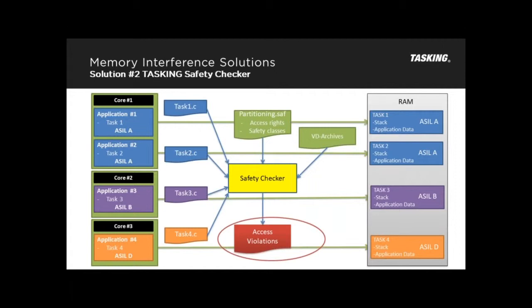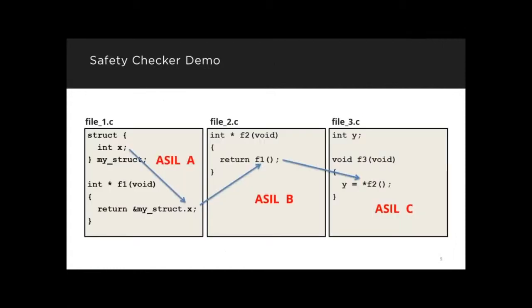The safety checker takes all this as input and then generates access violations. These access violations are unauthorized accesses from different applications to the memory, based on what you already defined in your configuration file. So this is how the safety checker works in a simple form.